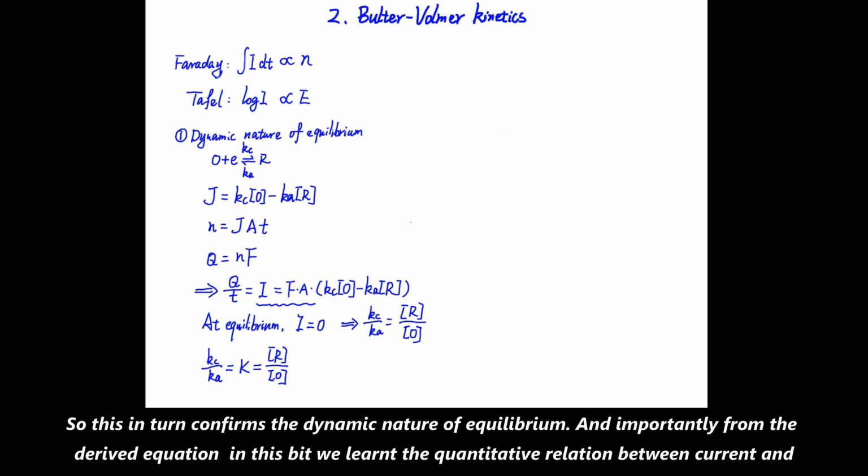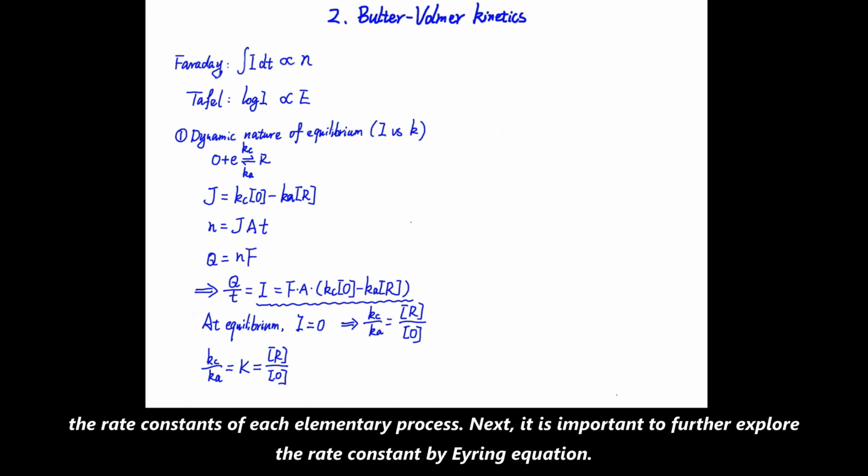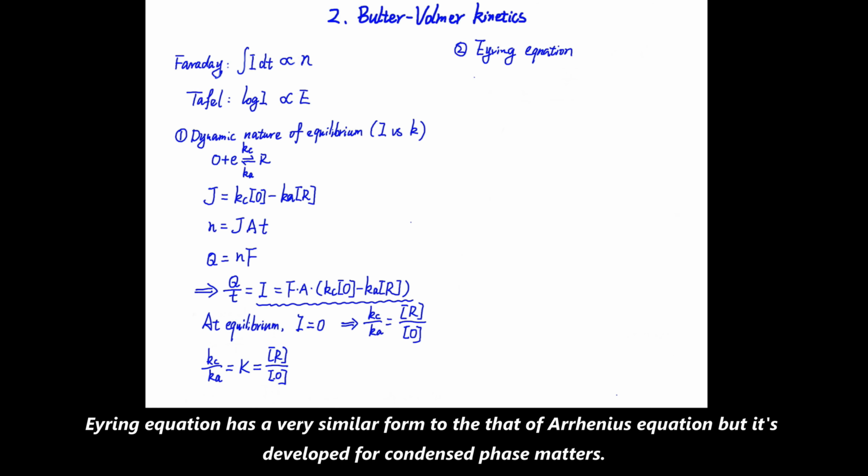And importantly, from the derived equation in this part, we learned the quantitative relation between current and the rate constant of each elementary process. Next, it's important to further explore the rate constant by the Eyring equation. The Eyring equation has a very similar form to that of the Arrhenius equation, but is developed for condensed phase matters.